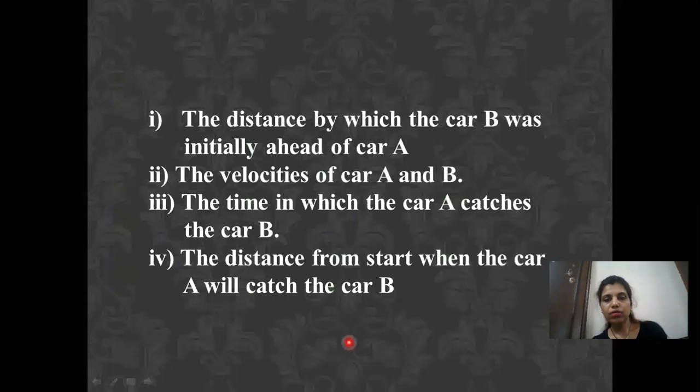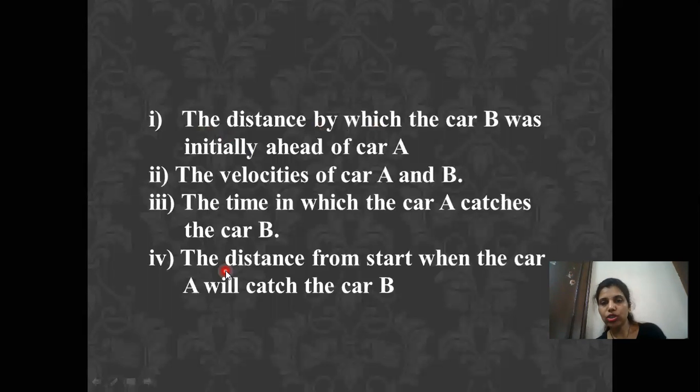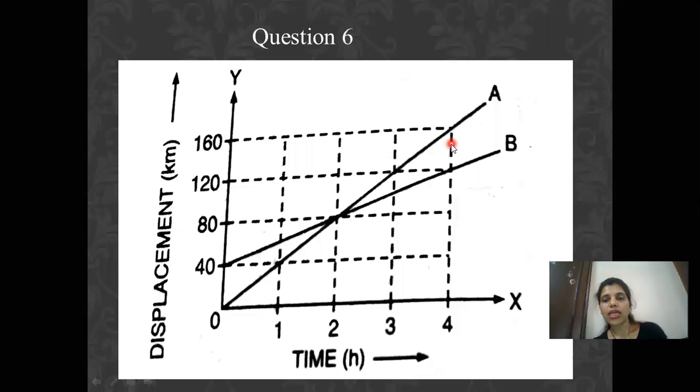So now here we'll see the question. They have asked the distance by which car B was initially ahead of car A. So this is car B and car A. So the distance by which car B was initially ahead of car A. So this distance is 40 kilometer. Initially you can see car B was ahead of car A by 40 kilometers.